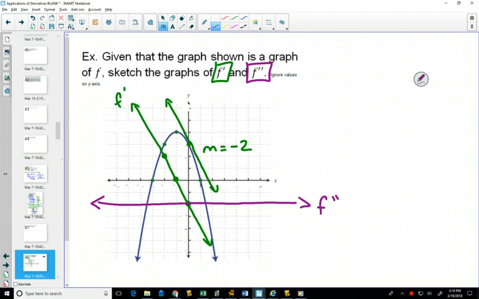My second derivative graph is going to be flat. And it's going to be negative because my green line has a negative slope. We can also tell that f double prime has to always be negative because my entire graph that I began with was always concave down.